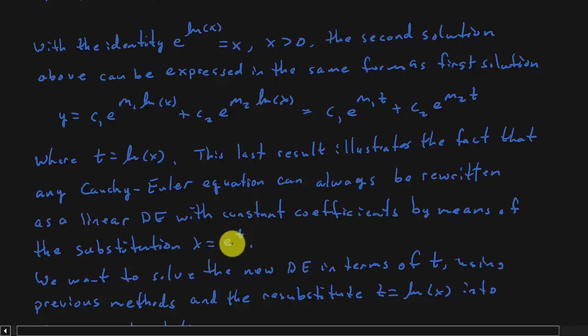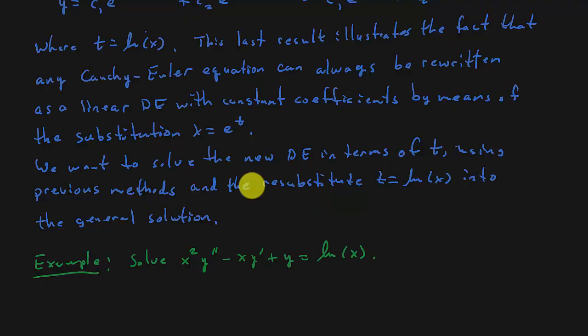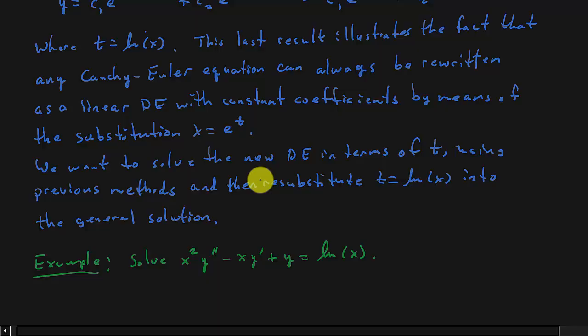That's from changing this right here to exponential form. We want to solve the new differential equation in terms of t using previous methods and then resubstitute t equals natural log x into the general solution.